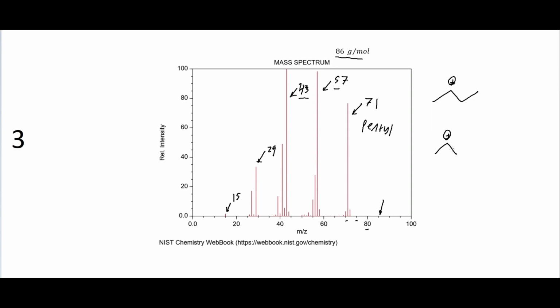And so that will have it again on the secondary rather than on one of the primary ones. And it looks like we have a fairly stable pentyl group, and so that likely has it on either this one or this one right here. So it has it on one of those two groups right there.